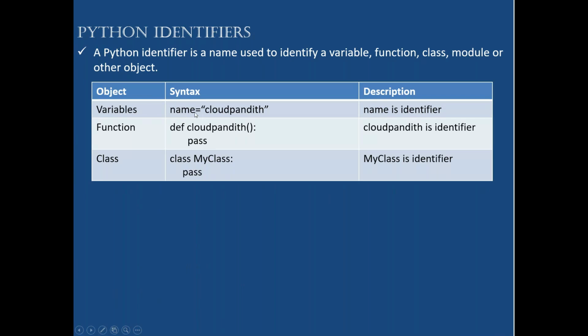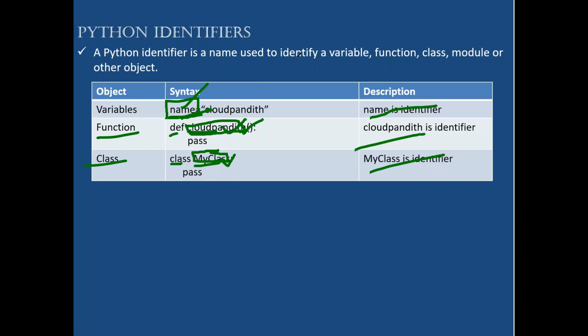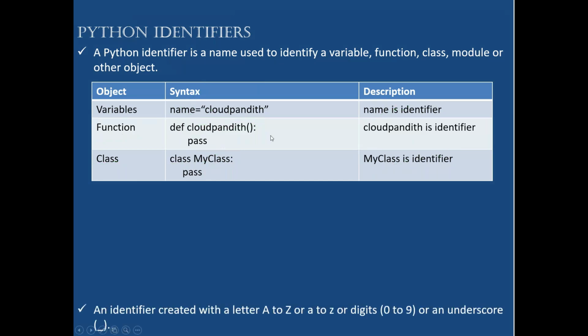Here, name equal to CloudPandith: name is a variable, so the variable name is the identifier. Def CloudPandith is a function, so CloudPandith is the function name. Class MyClass is a class, so MyClass is the class name. That's why name, CloudPandith, and MyClass are all identifiers. Clear? Now, what are the rules?